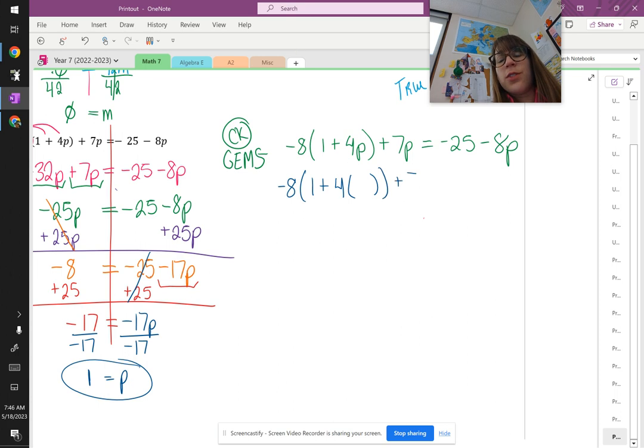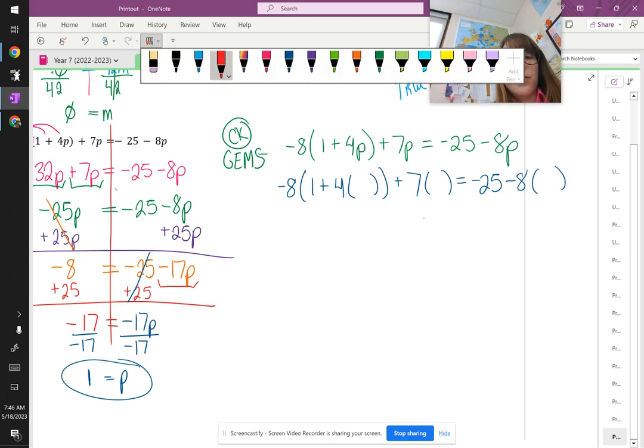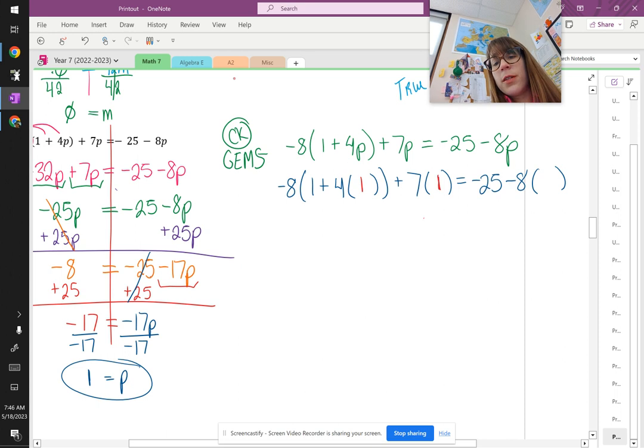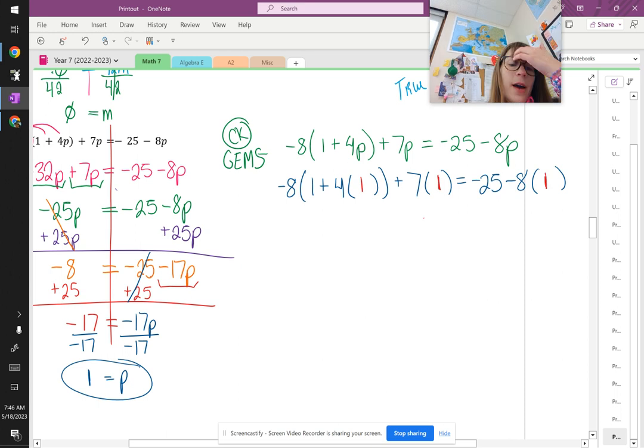Now, with these double sets of parentheses, it's going to be really important that you don't lose those. Negative 8, parentheses, and into my parentheses, I can place my 1 because that is what I got for p.